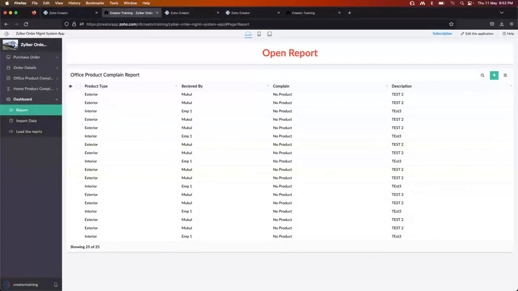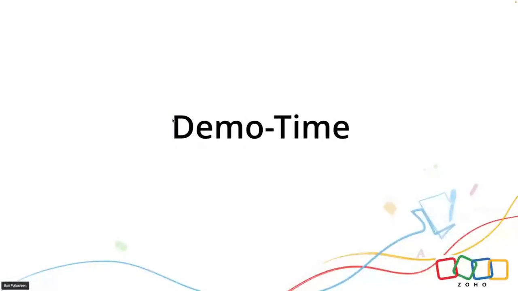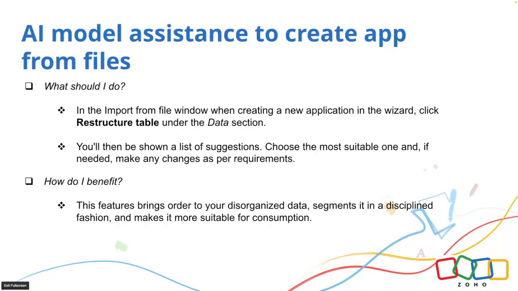right? So coming back to the presentation once again, so we have discussed this. Now last but not the least, we do have another option, which is AI model assistance to create applications specifically from a file. Let's say I do have a spreadsheet. While trying to add that spreadsheet over there, whatever data is there in my spreadsheet will be added as a different form, and before I even create the form, I will have an option to restructure the data or restructure the table under the data section.